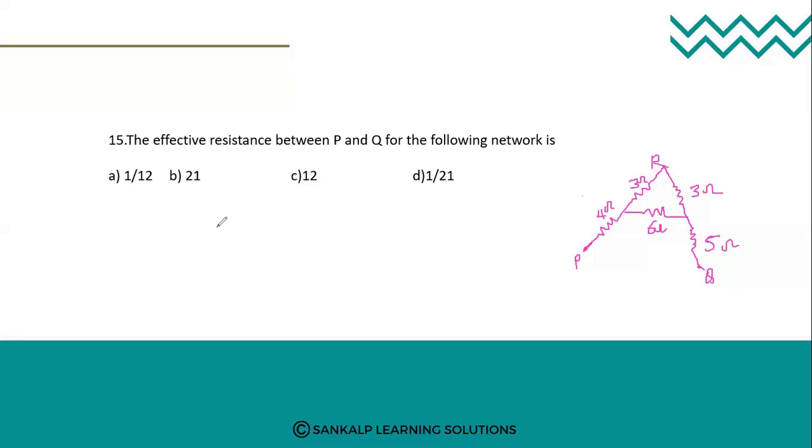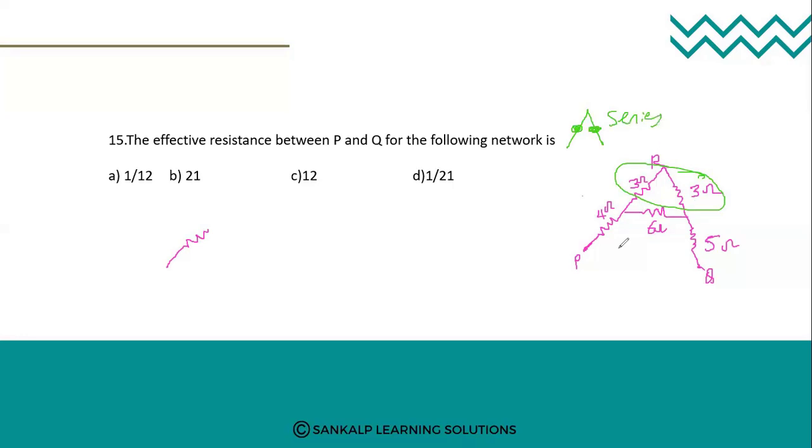Yes. So if you simplify the circuit here, so here we have the 4 ohm. Here if you see the 3 ohm and the 3 ohm, these two are in series. If you stretch this wire, both 3 ohm are in series.